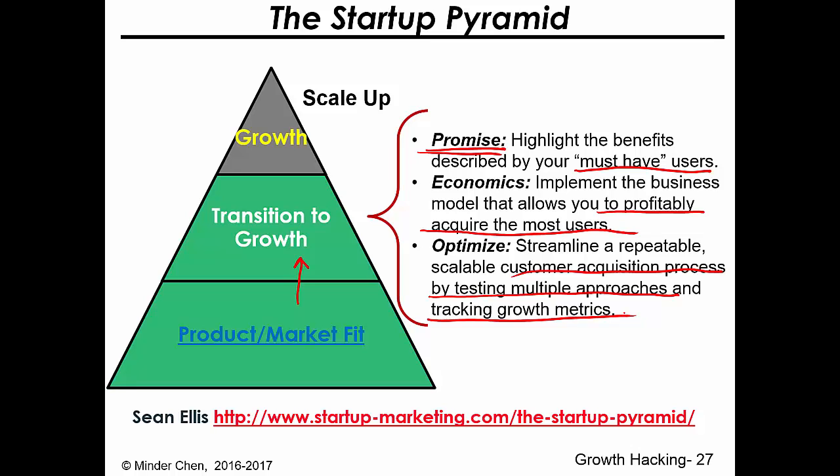Once you make the smooth transition, then you're really in this top of the pyramid, which is the growth. This is actually the startup pyramid proposed by Sean Ellis, and you can find a blog posting by him regarding this startup pyramid.